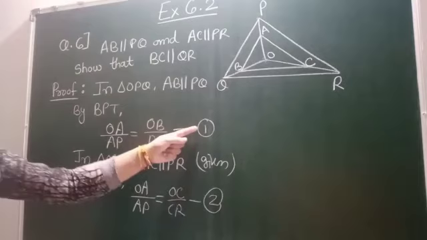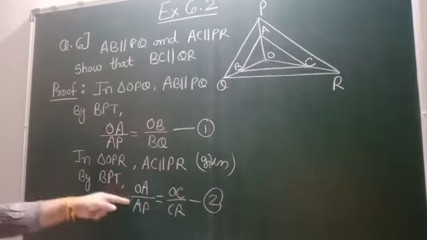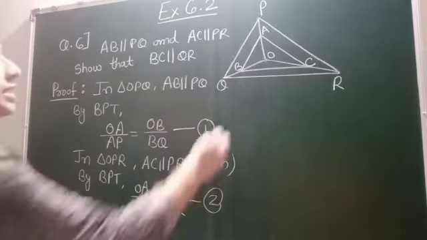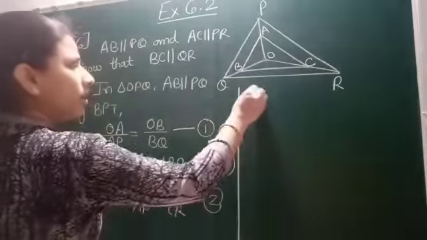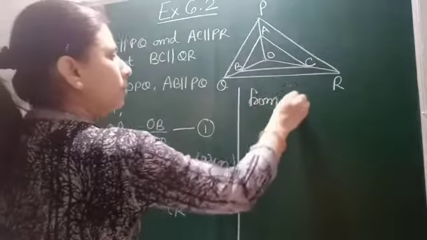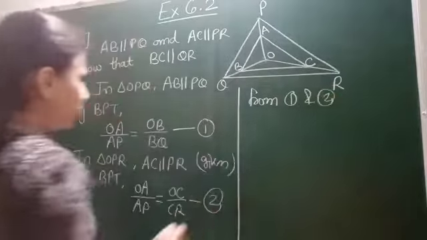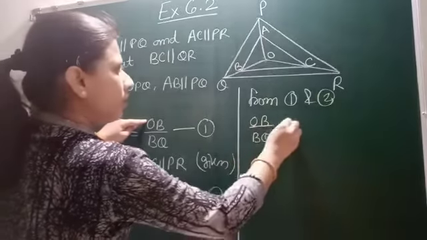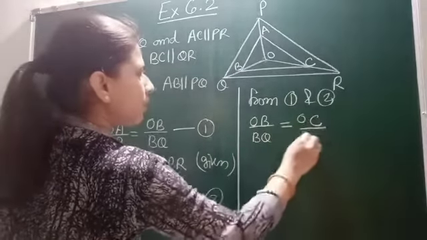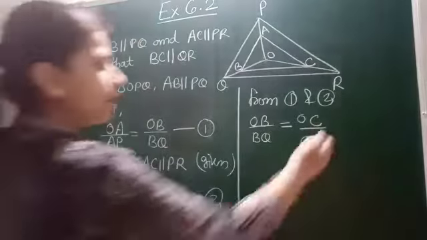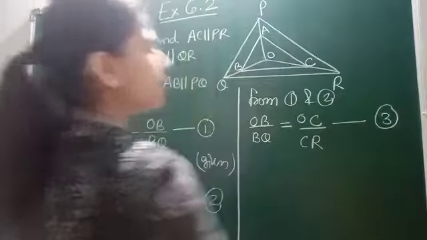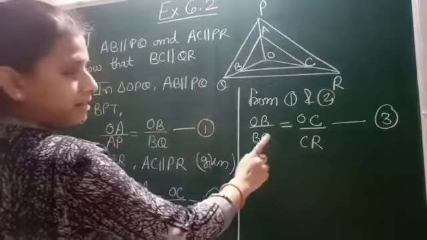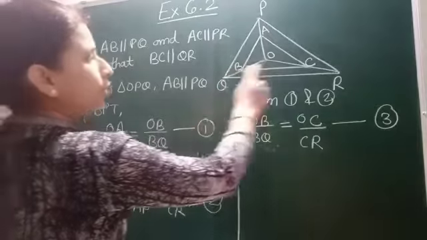As you can see in this equation number 1 and 2, their left hand sides are equal, so obviously their right hand sides will also be equal. So what we will get from 1 and 2, this OB upon BQ will equal to OC upon CR. Okay, let us suppose that this one is our equation number 3. Now we will use this third equation in triangle OQR.